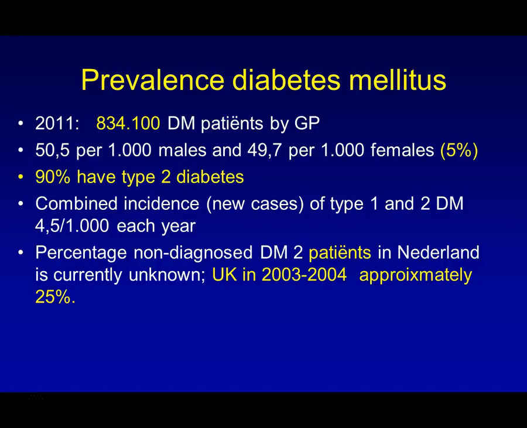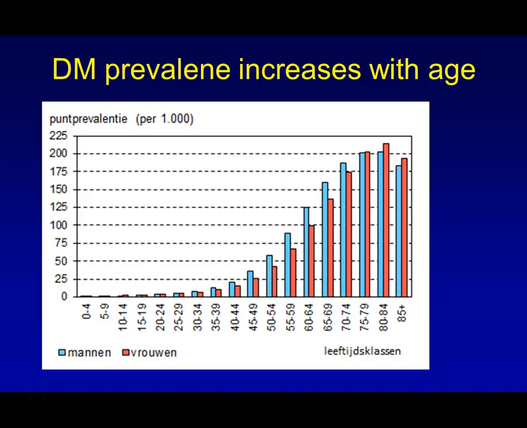It should be noted that there are many subjects with non-diagnosed type 2 diabetes. In the Netherlands, the percentage is currently unknown. However, in the UK, it was about 25% of the diabetes patients that was not diagnosed. Diabetes prevalence increases with age, and the increase starts to rise quickly from about 40 years of age.